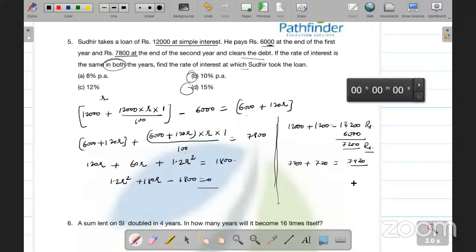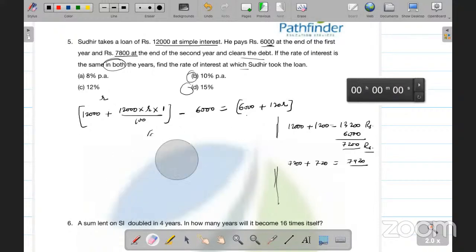So obviously the answer cannot be 10%. Can the answer be 8%? We'll have to check and find out if the answer is 8%. So to attempt such questions, all you need to do is substitute options and you will easily get the answer faster.